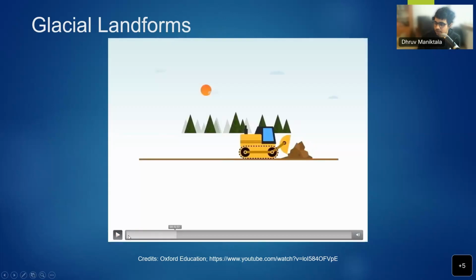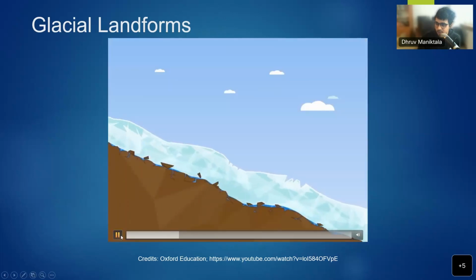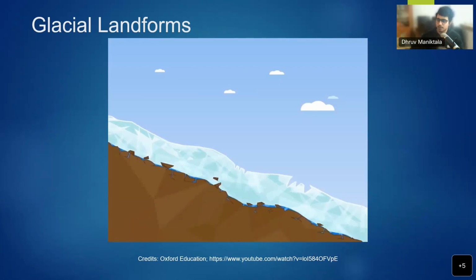When the glaciers move down the slope, they basically erode the surface of the bed, and then they pick up small pieces of rocks and loose sediments on the surface, which get carried down together with the glacier.